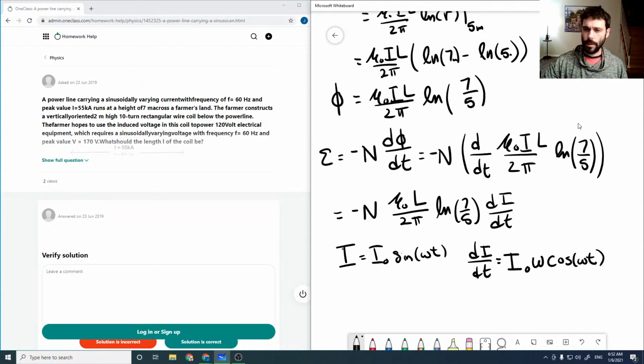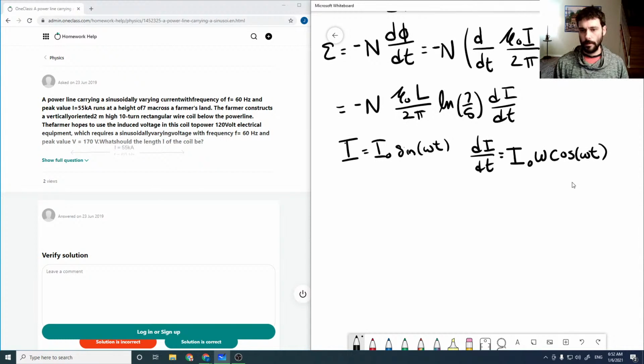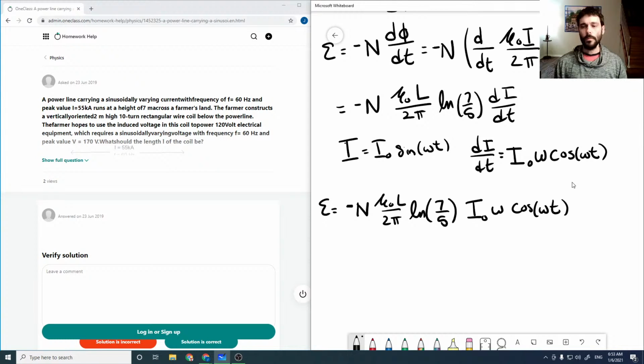Okay, so then now our EMF is just minus N mu naught L over 2 pi ln 7/5 I naught omega cos omega t. And so it's asking for our peak value, and so cos omega t is giving us our time varying.